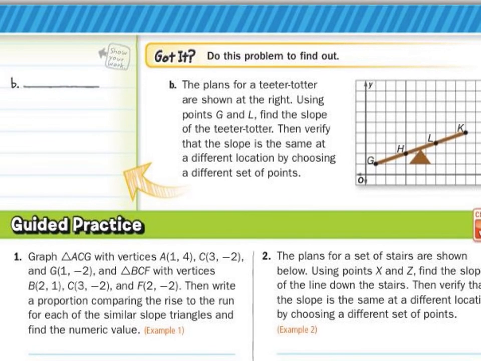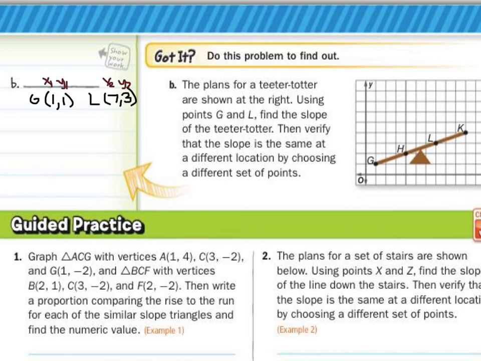G is located at 1, 1. L is located at 7, 3. And if we want to find the slope of this, we can call our G our x1, y1, and our L x2, y2.